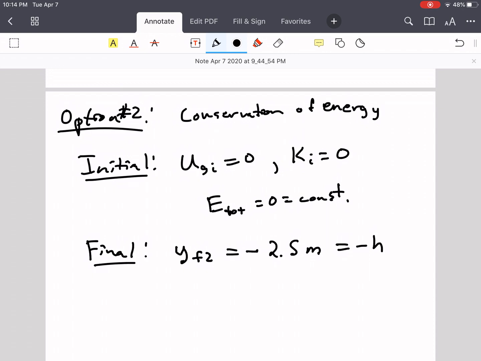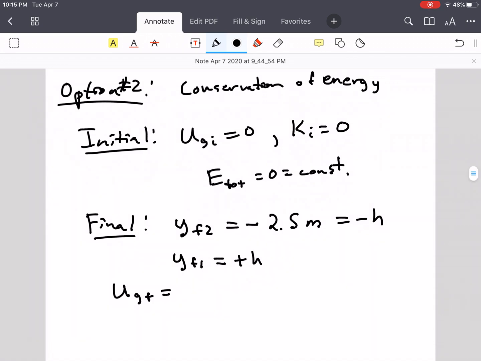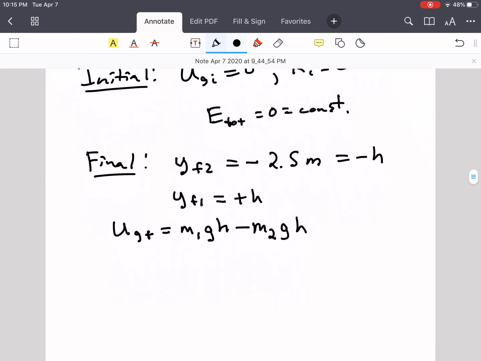On the other hand, if block 2 goes down by 2.5 meters, block 1 has to go up by the same amount. So YF1 is positive 2.5 meters, or positive h, which means our gravitational potential energy at the end of the day is going to be m1 g times positive h minus m2g times h, or plus m2g times negative h. So that's changed, which makes sense. That's why block 2 is falling.